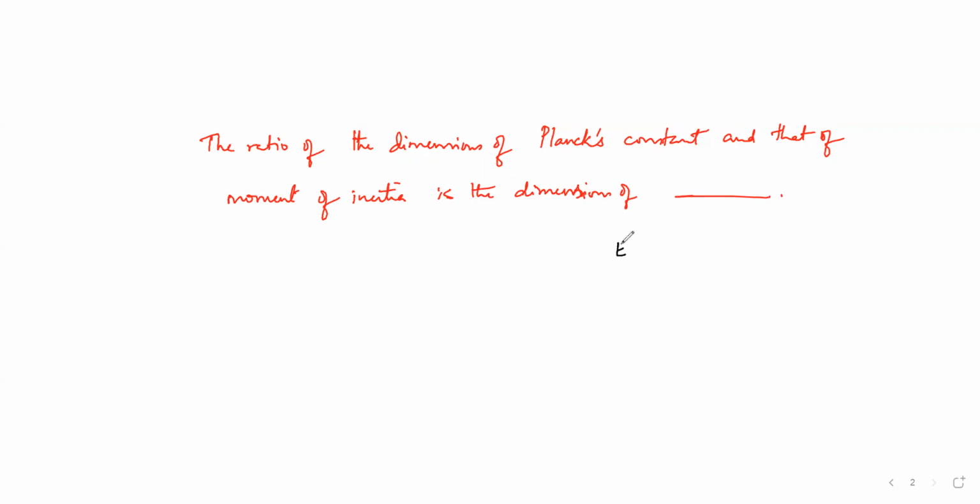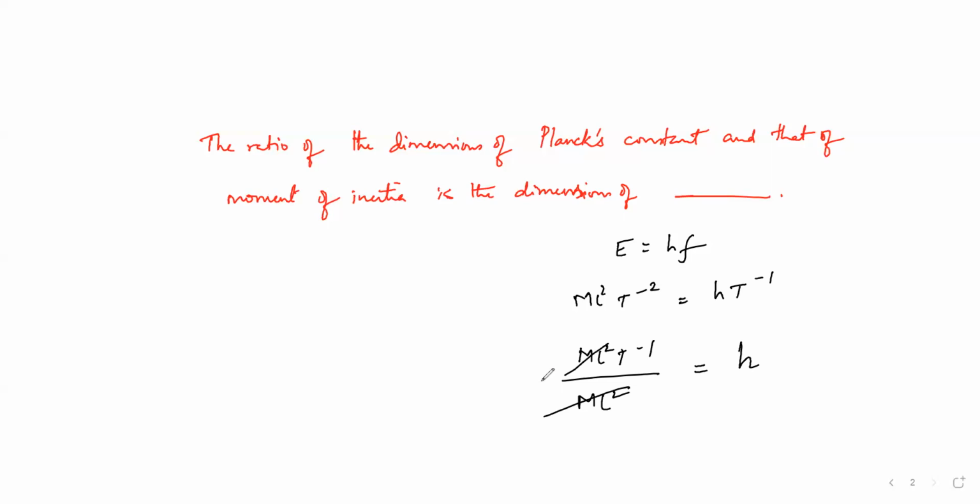First of all, Planck's constant: E is equal to hf. ML^2T^-2, that is energy. This is h times T inverse, frequency is 1 by T, or time period is 1 by f. So what will I get? ML^2T^-1 by ML^2 equals h. So ML^2 gets cancelled out.